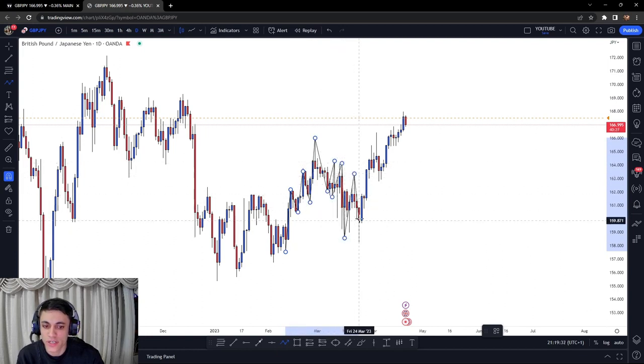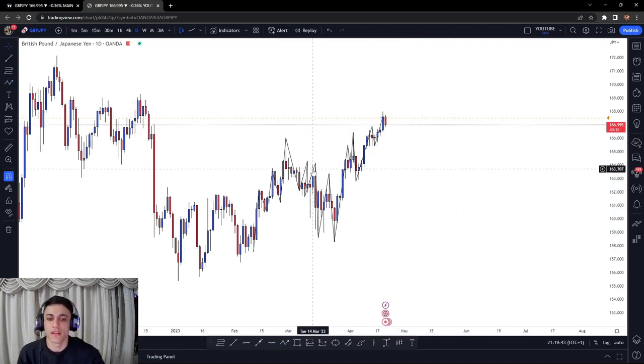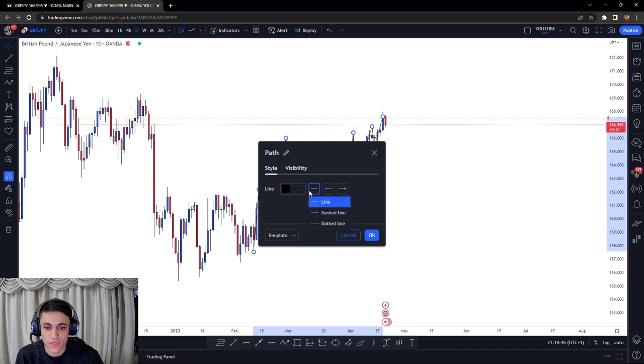You could just copy me and do these simple few steps to tell you what is going on. Let's make it a bit thicker so it's more visible for you guys.